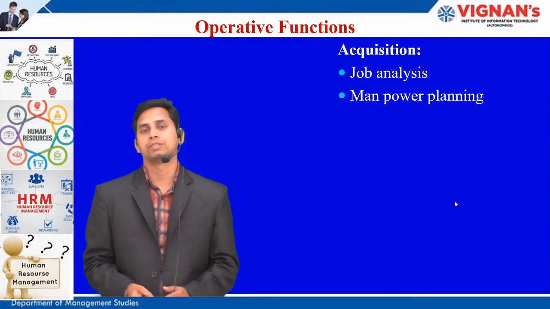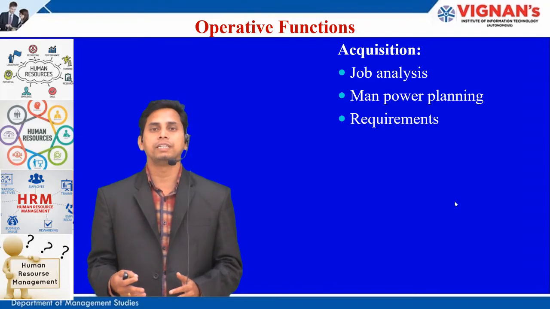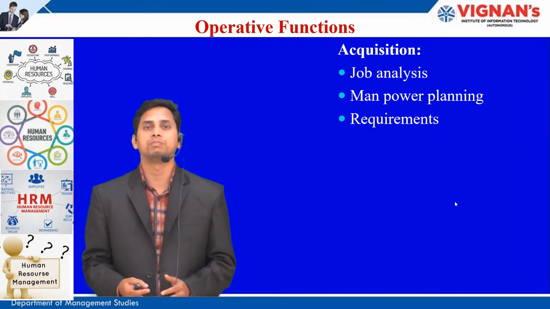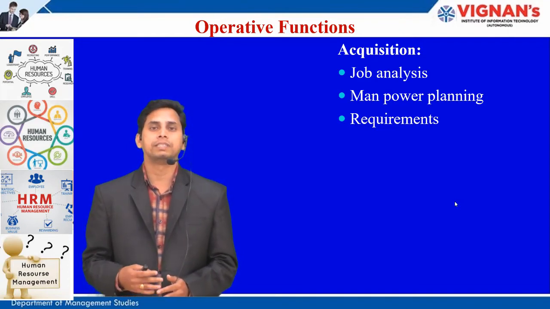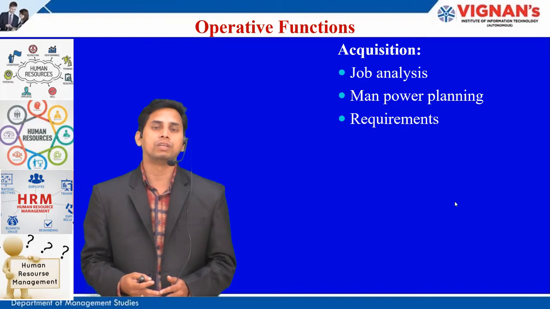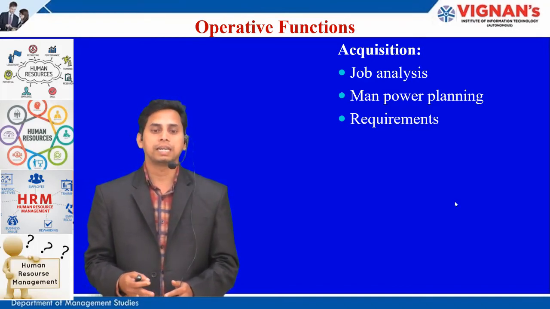And then requirements. What are the current jobs, current people in the organization, how many people are available for the organization, and also what tasks are to be performed, so that we can analyze whether there is a need to go for recruitment or not. This can be analyzed by understanding the requirements.